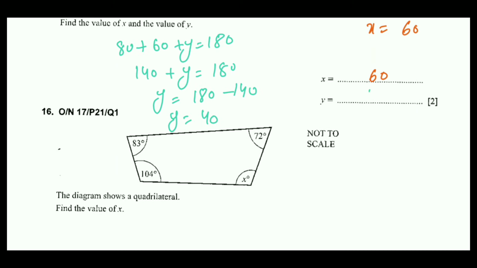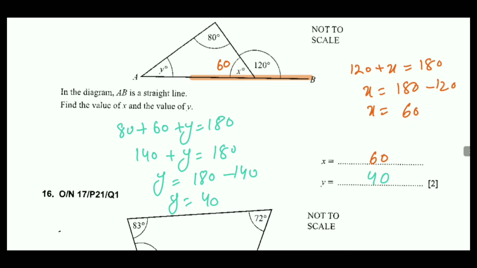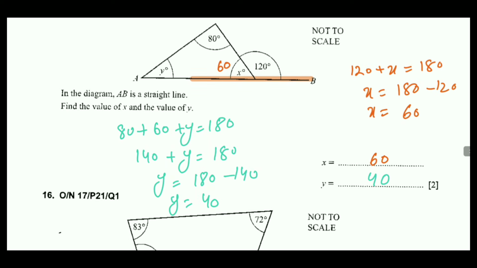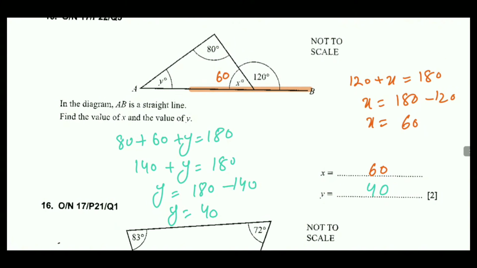So y is 40. We have used the straight line property, or angle sum on a line property, and the angle sum of a triangle property.